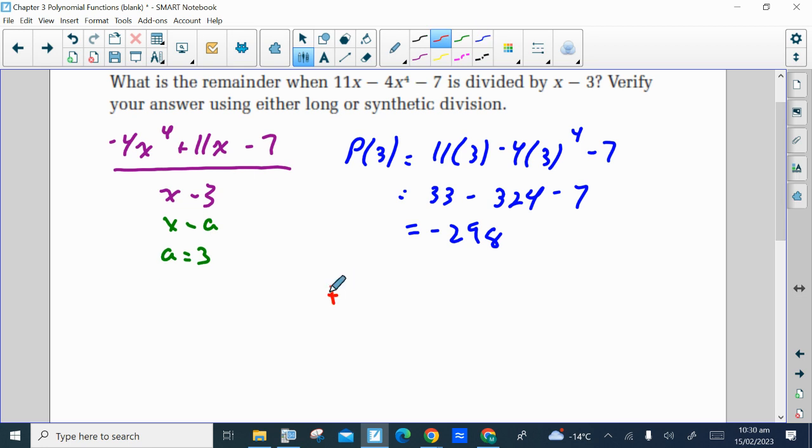We change the x minus 3 to x plus 3, and it's divided into negative 4x to the 4th. And again, we have to put a 0 there for the x cubed, another 0 for the x squared, a positive 11x, and a minus 7.